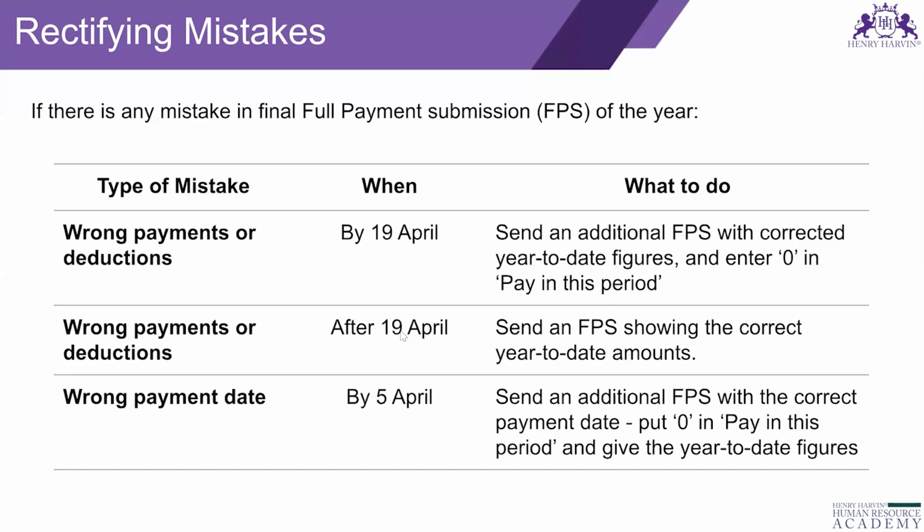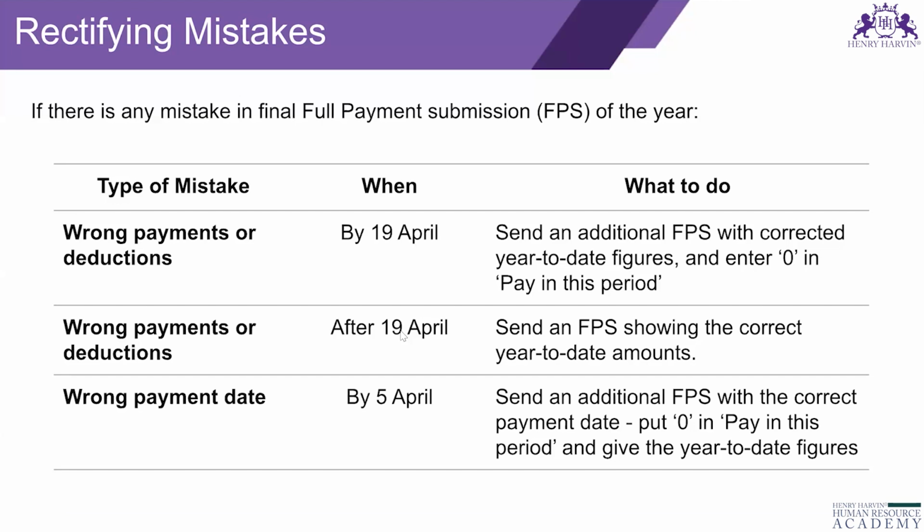The wrong payment date you have to correct as soon as possible. You cannot wait till 19th, right? You come to know, oh, I mentioned the payment date as 25th and now I see the payment is 28th, so you immediately come to know about it, right? So why do they give 5th April? Do you understand any logic behind it?